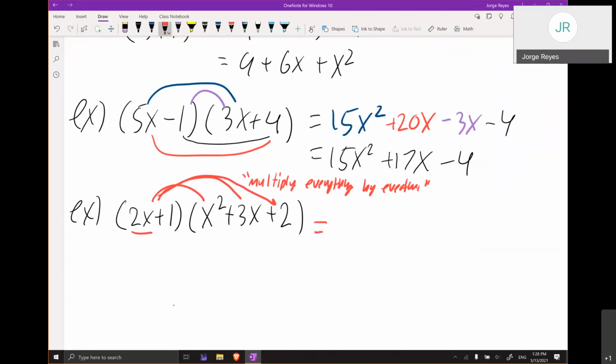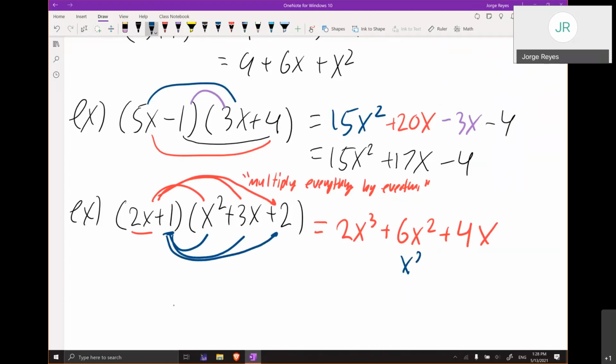So you're going to get 2x cubed plus 6x squared plus 4x. Then you're going to take the other thing and you're going to multiply it by all three of these. So it's going to be x squared plus 3x plus 2. And you notice the way I wrote them specifically was weird.